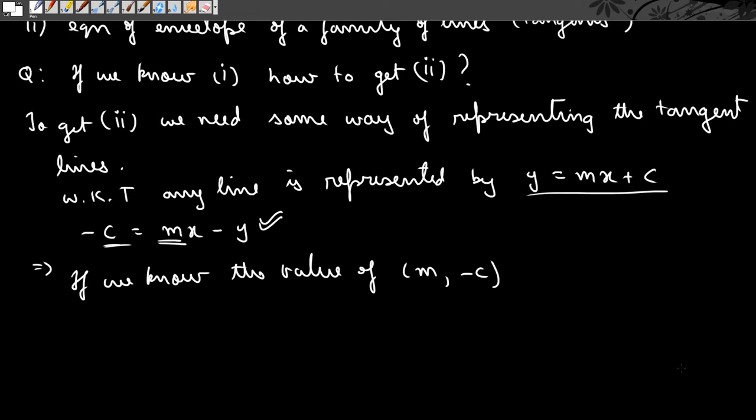But there is no ambiguity here, because if you know minus c, if we take a negative of that, we know c, which means we know the equation of the line if we know these two parameters. Okay, so if we know the values of m and c, we know the line. So all that we need to know right now to get the equations of tangents is to know the value of m and c for all the tangents. Okay, or more specifically m and minus c for all the tangents. That is what we have to find.